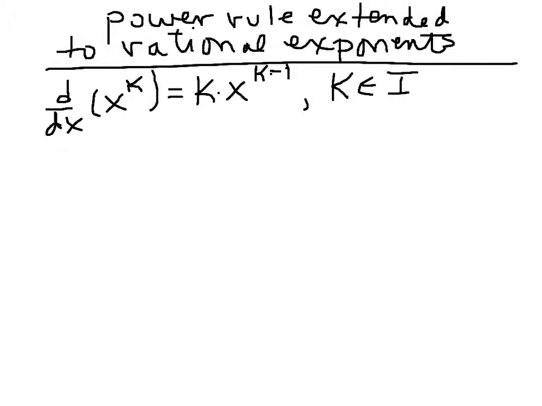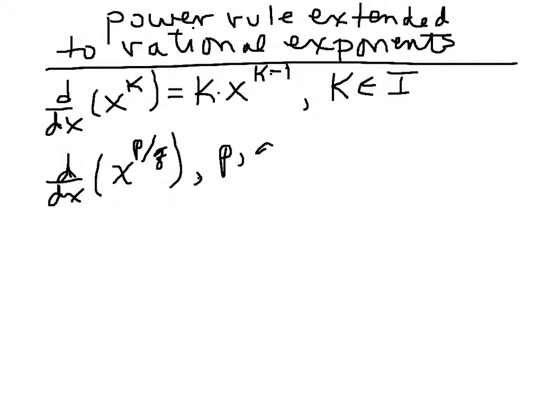So now let's suppose that we're looking at the derivative with respect to x of x to the p over q. And this is where p and q are integers and q not equal to 0. So if we can show what this is, then we'll have extended the power rule to rational exponents.